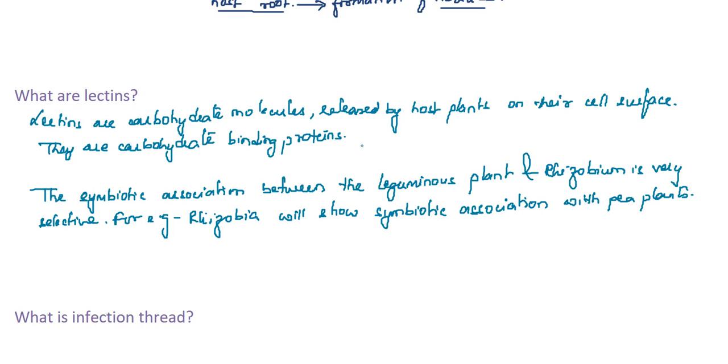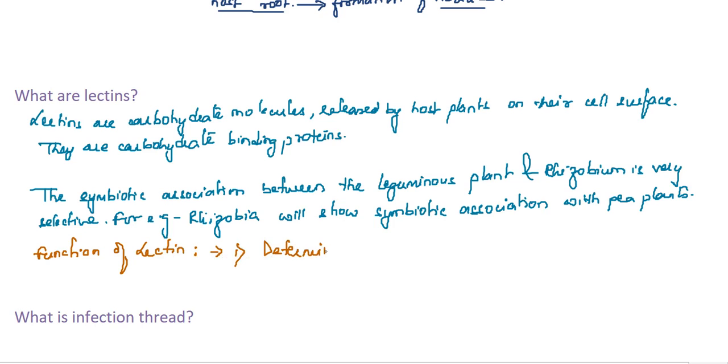So if I write the function of lectin, they have two functions in nitrogen metabolism or nitrogen fixation. First, they help in determining the specificity, that is, whether there is a correct association between the rhizobium and the pea plant or not.